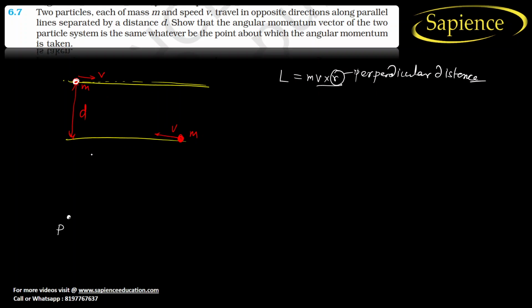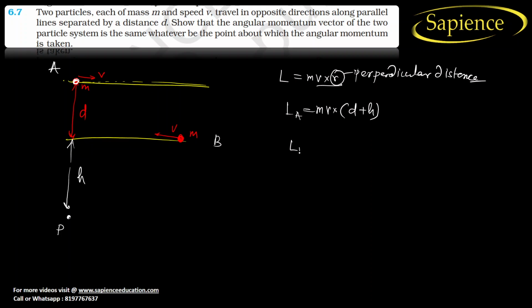Let us find the angular momentum separately. So the angular momentum L_A is equal to mass into velocity into the distance, let us consider this distance as h, so this can be written as d plus h, right?